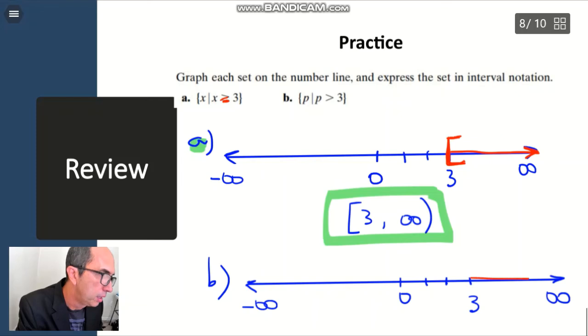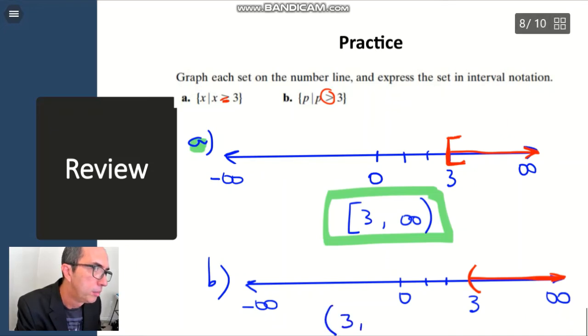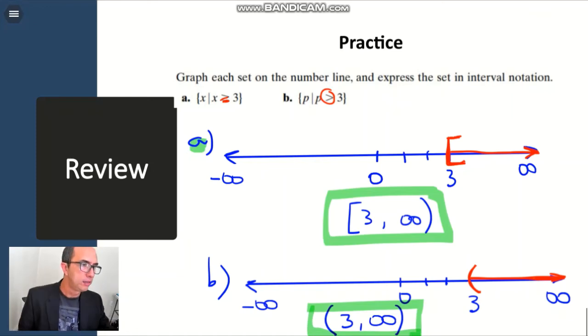Greater than 3 is represented on the right hand side of 3, and in this inequality 3 is not included, so we will represent it with a parenthesis. And the interval notation is parenthesis 3, comma, infinity. Nicely done. Let's move on.